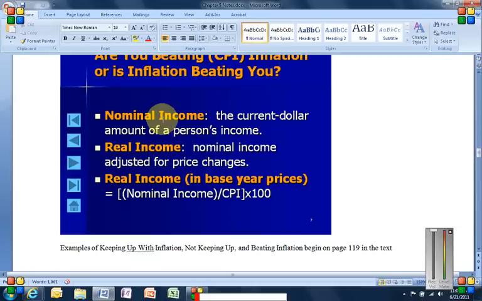The current dollar amount that we're talking about, let's say this year you made $60,000, and you convert it to real income. Real income adjusts for these price changes. It takes them out and says, all right, now we can compare apples to apples. So a very simple calculation allows us to do that, to convert nominal to real income. You take your nominal income, divide it by the CPI for that year, and multiply times 100.